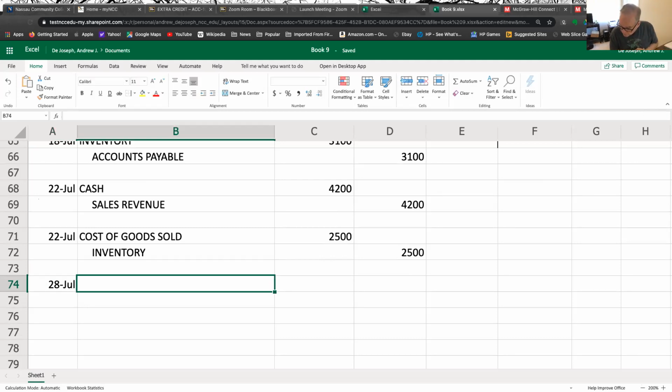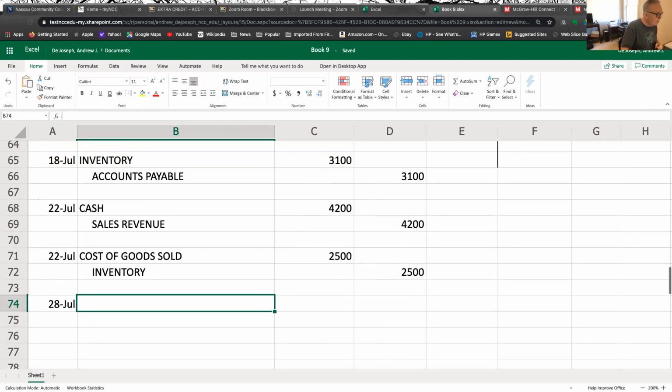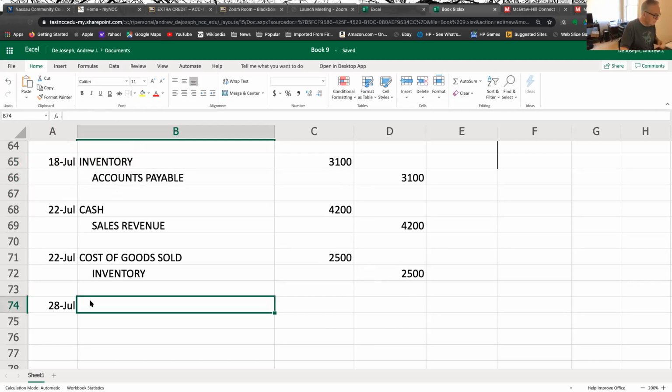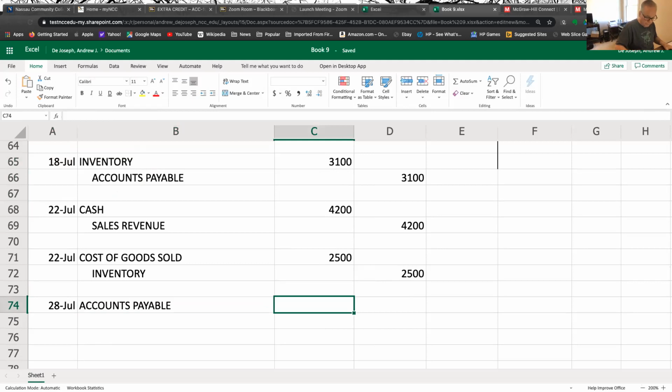Returned CDs to Music Supply and got a credit of $300. So again, when we buy, we do this. When we return, we do the opposite. That was $300.